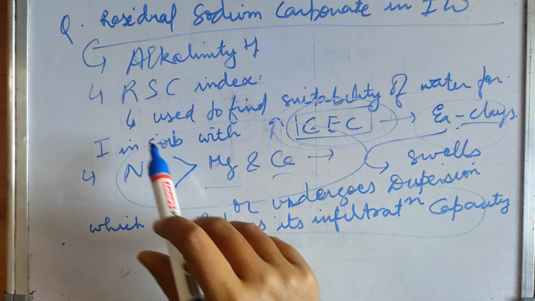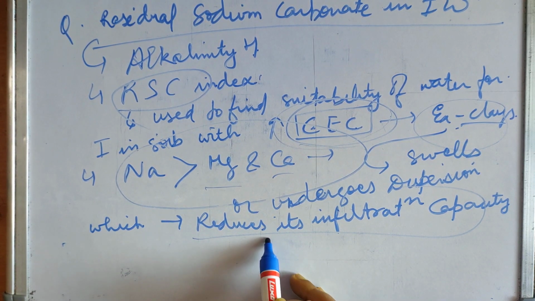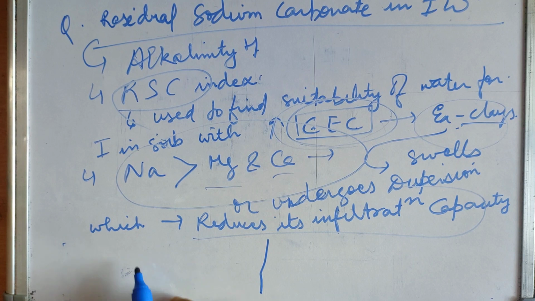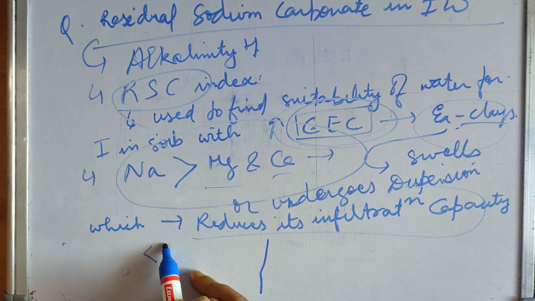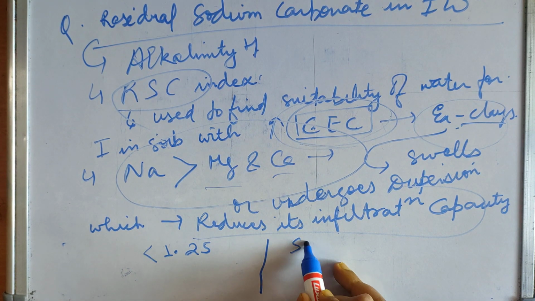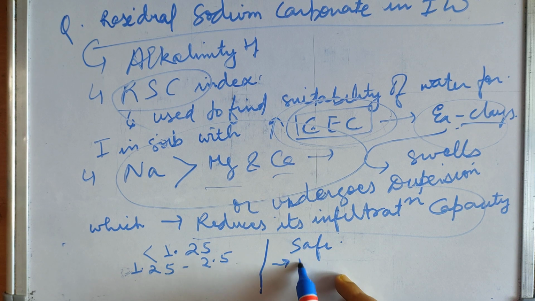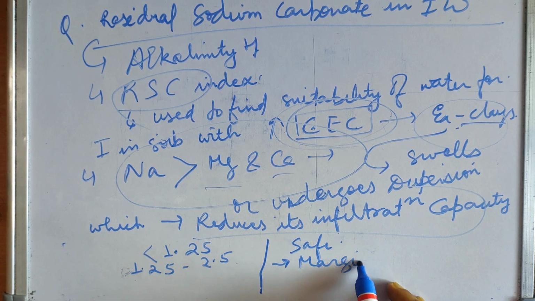With high RSC we need to prevent the soil from being affected, because it is not good for crops. Now we should know what the RSC index is. When the RSC index is less than 1.25, the water is safe. When it is between 1.25 and 2.5, it is marginally suitable, although we need some treatments.